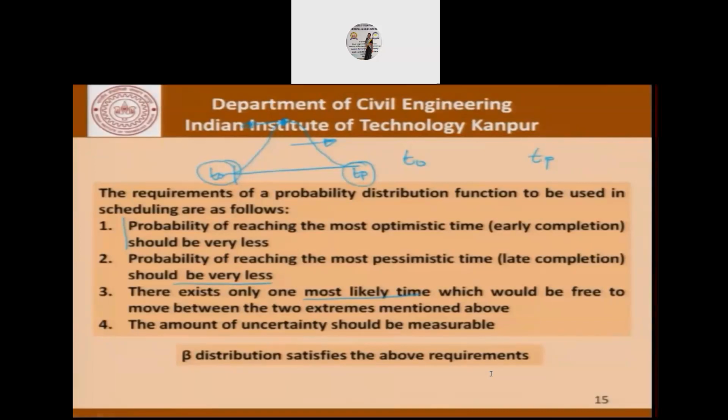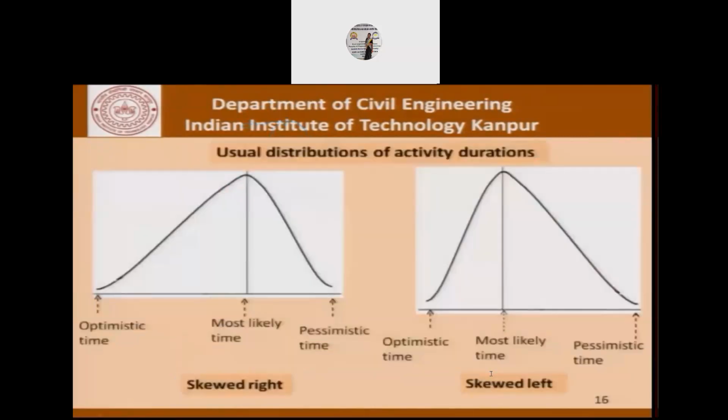So this amount of uncertainty should also be measurable. So once we understand these requirements, we find that the beta distribution that is used in statistics satisfies these requirements for us. So we can use the properties of the beta distribution and move forward as far as determining the expected times of the activities and so on is concerned.